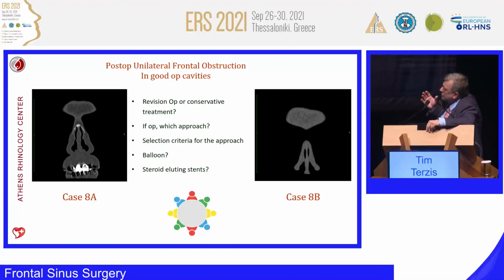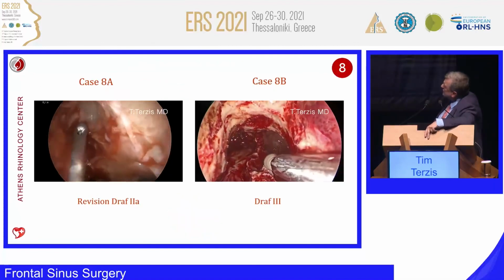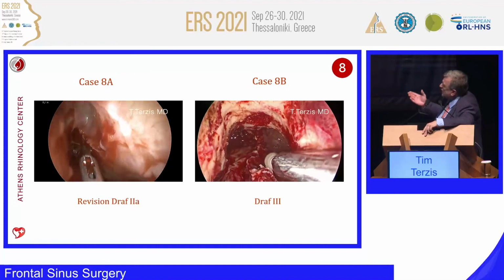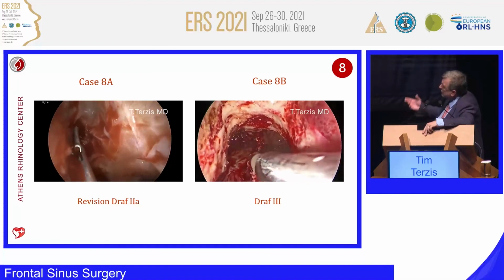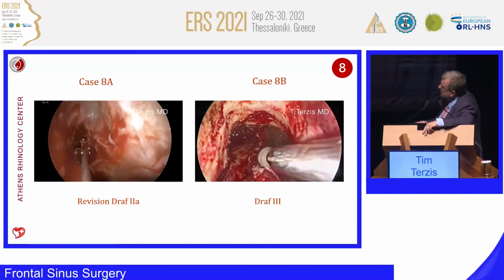So I thought that I could be more conservative on the lady, because I could inspect the area every day if I wanted, but the gentleman on the right must have something more than that because I couldn't see him very often. So what I did was a Draf 2A on the lady, and we had some neosteogenesis as you see.